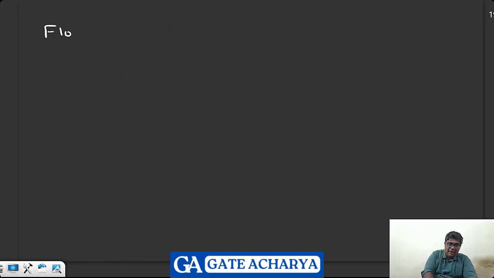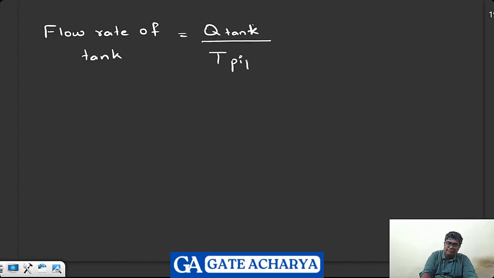Flow rate of tank is known as quantity of tank divided by time of the pipe. That is what is known as flow rate. Quantity of tank divided by time of the pipe, whichever pipe I'm using. So from this I can take quantity of tank as time of the pipe multiplied by flow rate of the pipe.